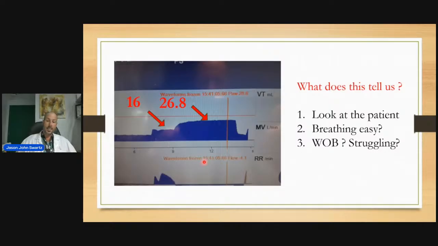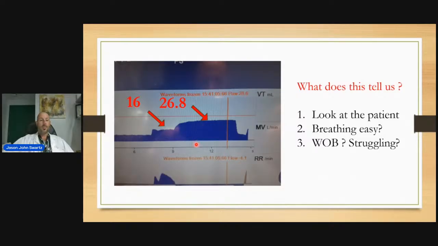If that is the case, it's an indicator that he seems to be assuming a good deal of the work of breathing with his own muscles, and he's able to generate a significant volume, and so hey, maybe I should reduce my vent support by further reducing your pressure control setting.